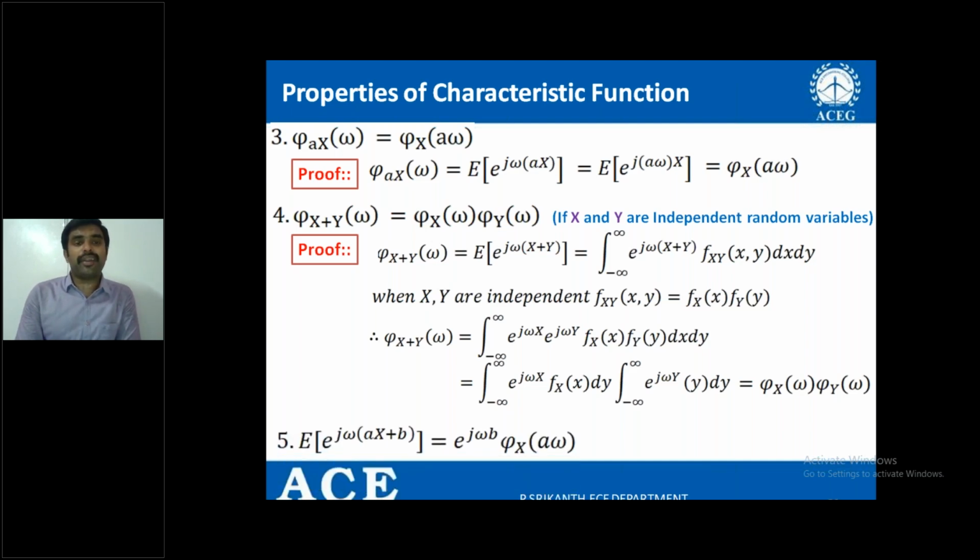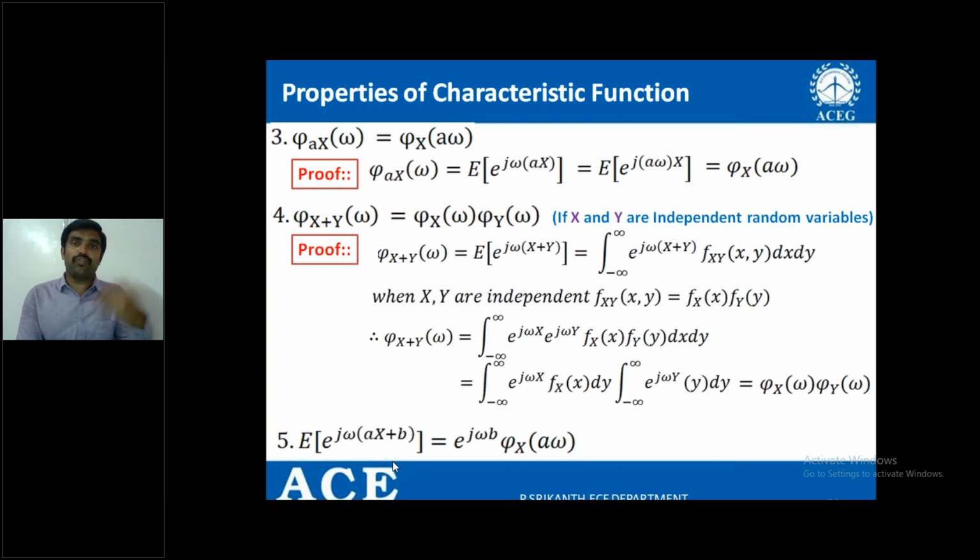And the last property of the characteristic function is expectation of e power j omega into ax plus b, which is equal to e power j omega b into pi x of a omega. It is a very simple proof. You just expand that exponential term, so e power j omega ax plus e power j omega b.